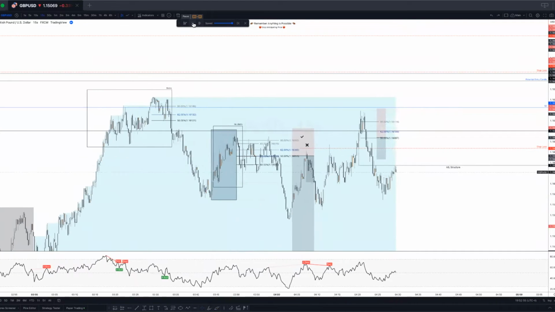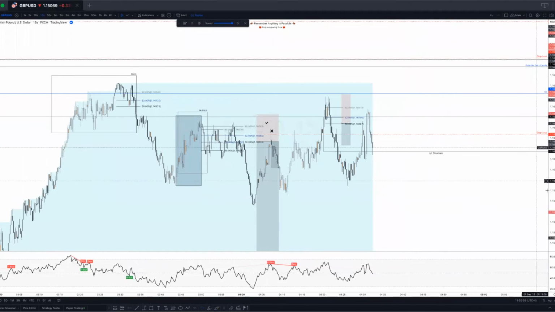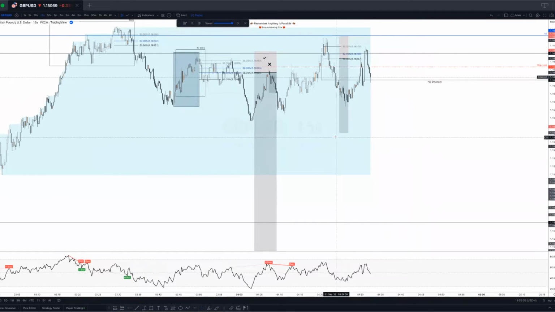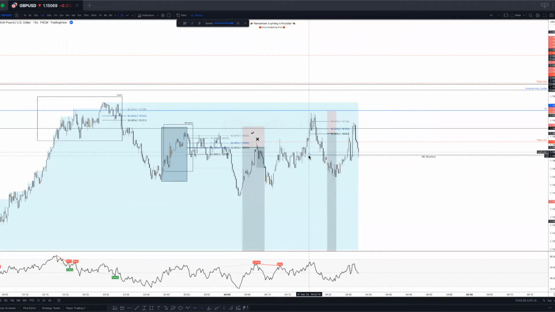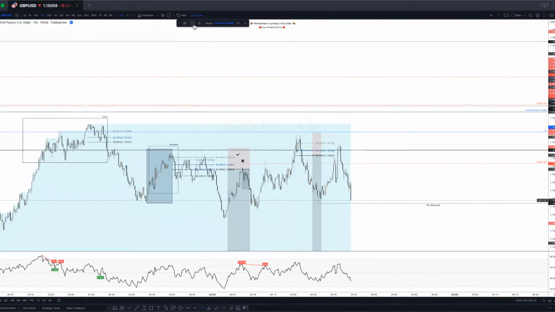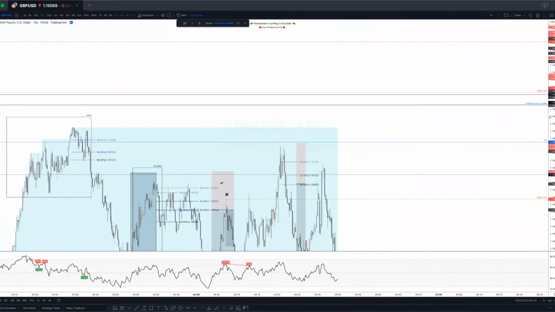So we are trending up and we are in the trade. And as soon as price breaks this low, I'm going to reduce risk. All right, definitely at reduce risk.